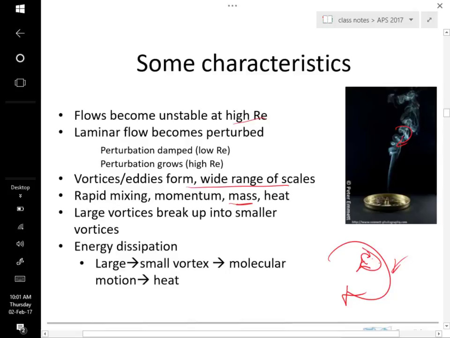And you can take these vortices on down to, we start off in a stream, we probably have vortices meter scale, but you probably look hard and see ones down in the centimeter scale, but you take it on down and they get smaller and smaller, and you take them on down to molecular scale.